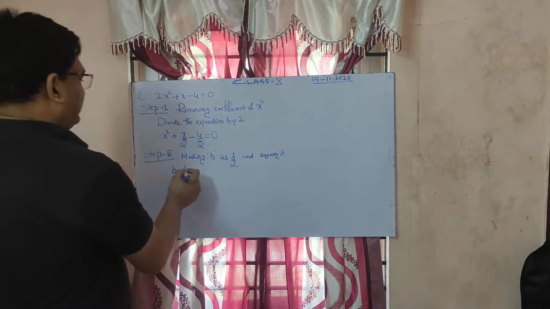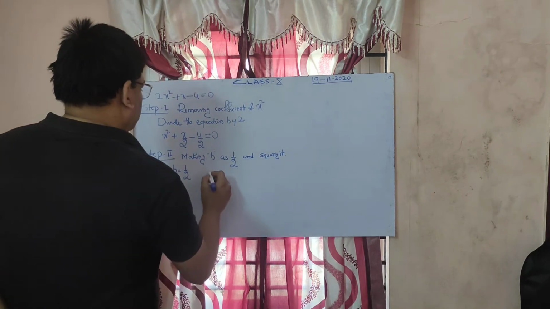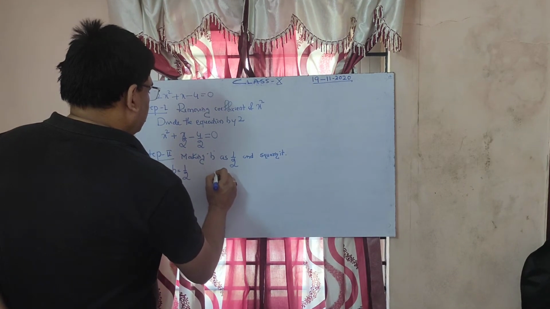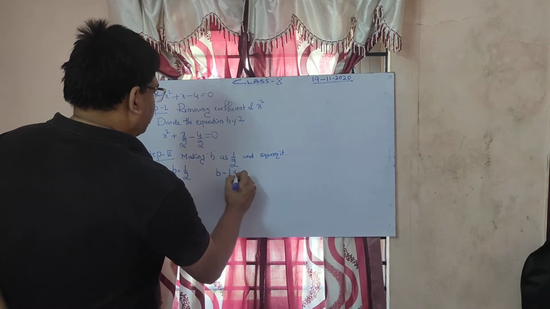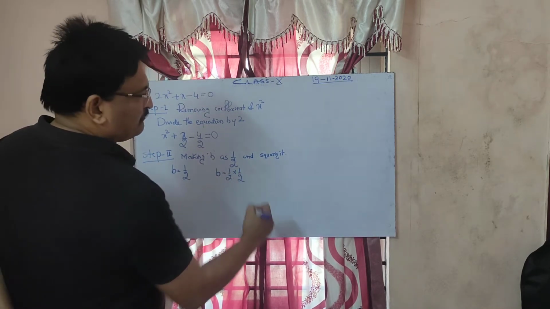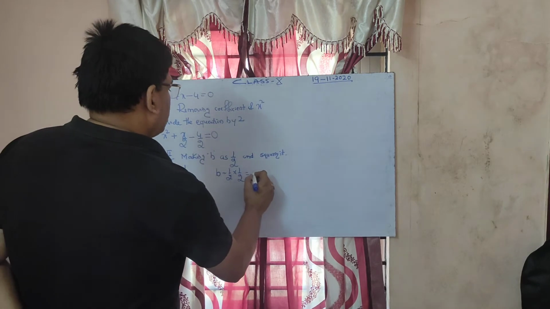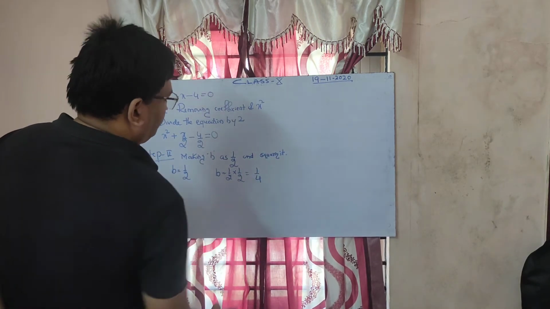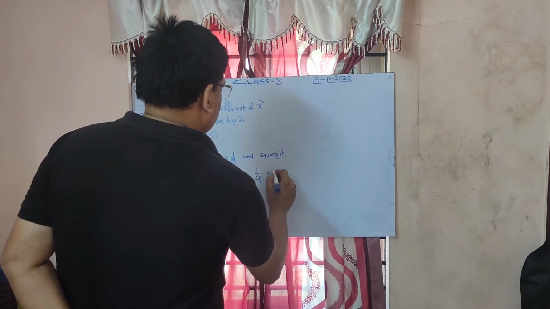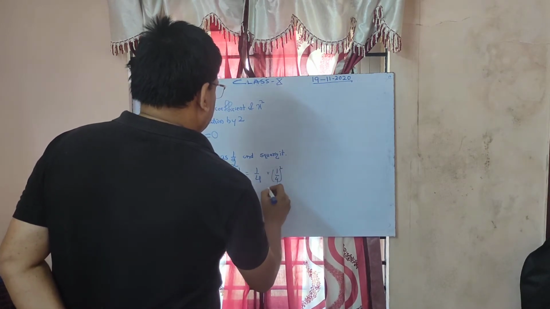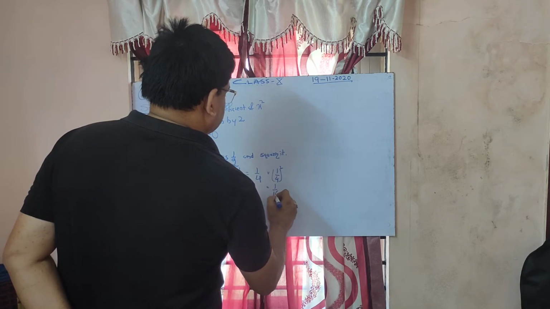Now B is already half. So what is half of B? B is already 1 upon 2. Just halve it again, it will become 1 upon 4. What is the square of 1 upon 4? That is 1 upon 16.